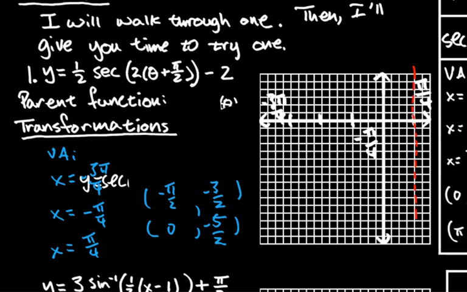So we get one at pi over 4, negative pi over 4. Just going to make that a little bit less to the side. And then at negative 3 pi over 4. And then, oh, we gotta get the y-axis as well. So we get a bunch of pi over 2s. So let's just do that as, let's see, 1, 2, 3, 4, 5, 6, 7.